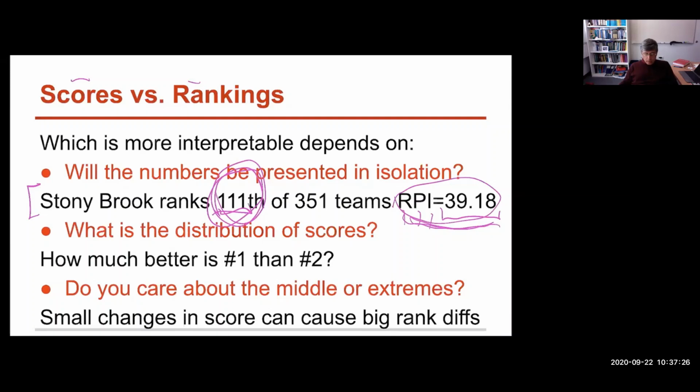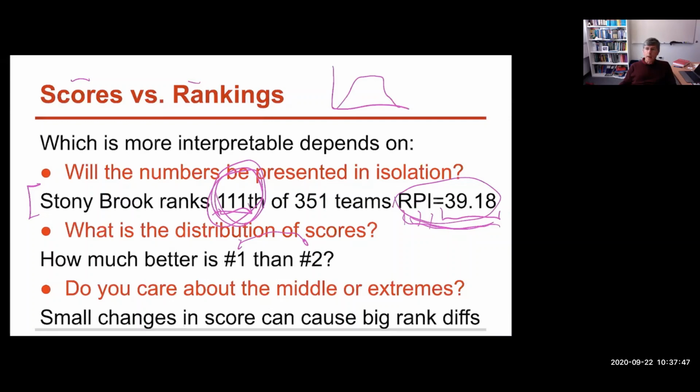One question that's interesting is, suppose you wanted to get an idea of the distribution of scores. Let's say I wanted to know how much better number 1 was than number 2. For this, I would be interested in the distribution of the scores.